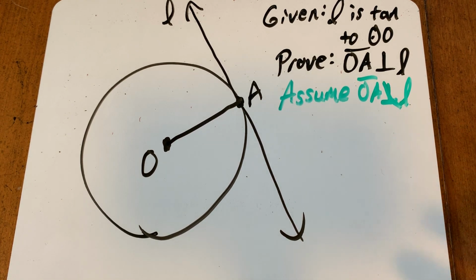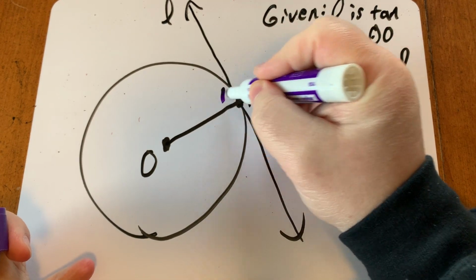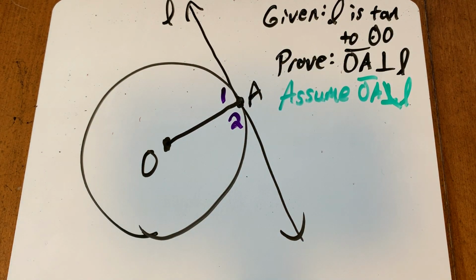So we're assuming that OA is not perpendicular to L. So if they were perpendicular, they would be forming right angles. So that means this angle, I'm going to call it angle 1 and that one angle 2. Angle 1 and angle 2 are not right angles because OA is not perpendicular to L. So that means either angle 1 is acute and angle 2 is obtuse, or angle 1 is obtuse and angle 2 is acute, because they're definitely a linear pair.